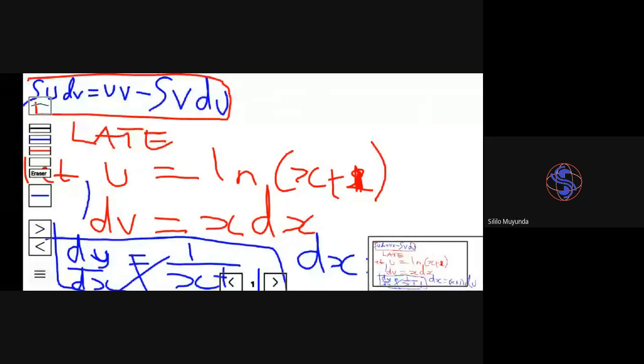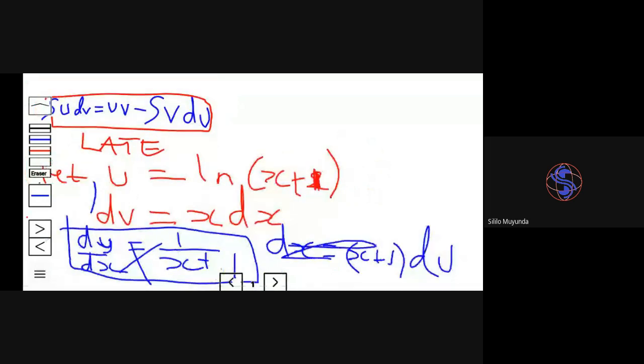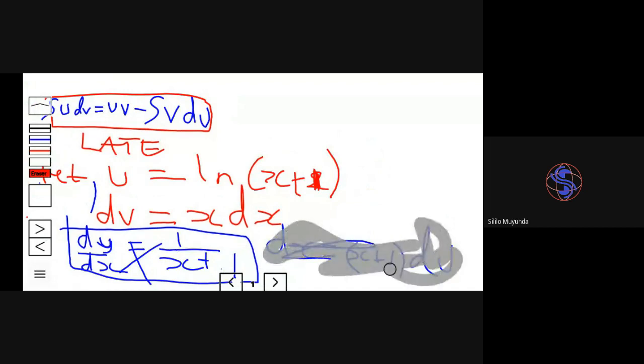So when you make du the subject of the formula, du is equal to 1 over x plus 1, times dx. So this is our du.